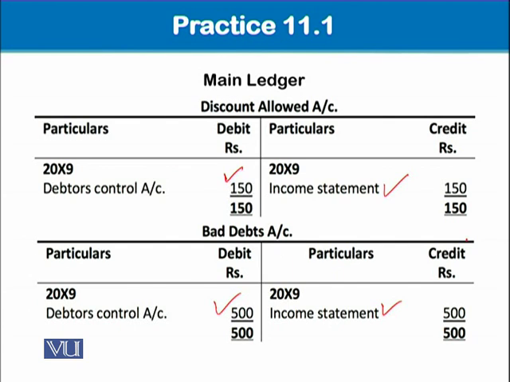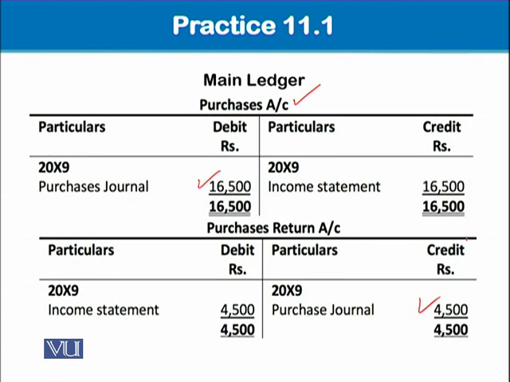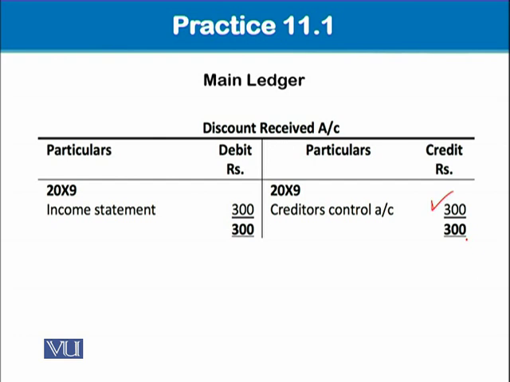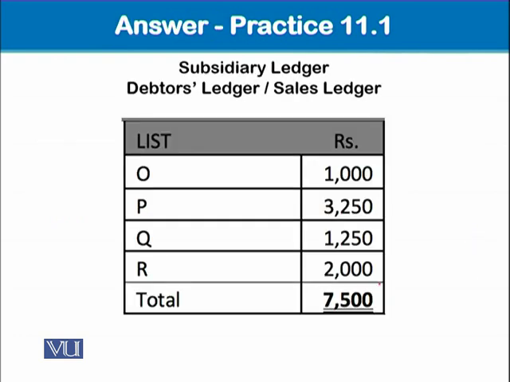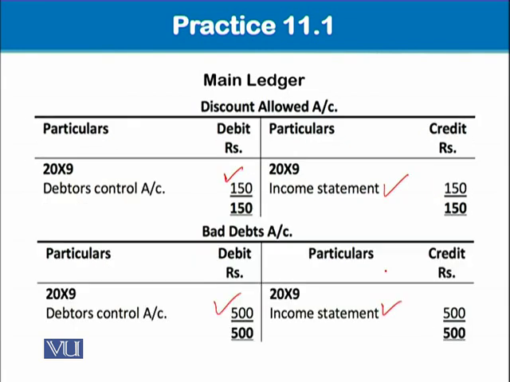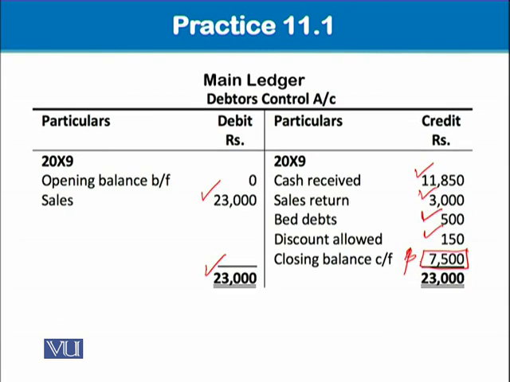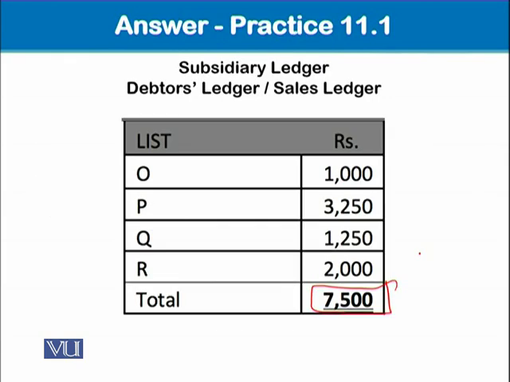Now, recall your memories of the previous module when we prepared a list. Yes, this is the list balance of the debtors, the same 7,500. So this is what the accounting system gives us, that the debtors control account balance, which we prepared with the total of each book of original entry, is equal to the total of the list balance, which in fact we prepared.